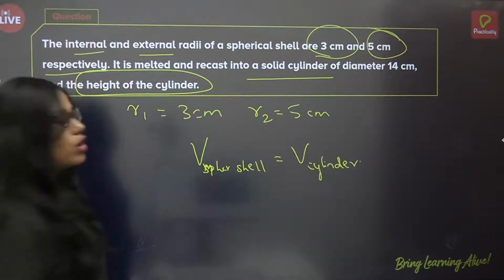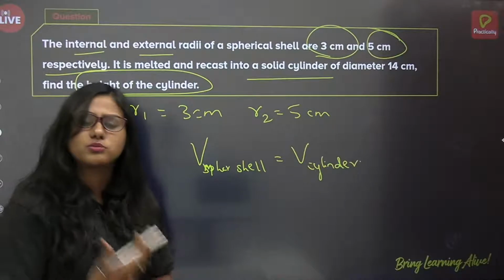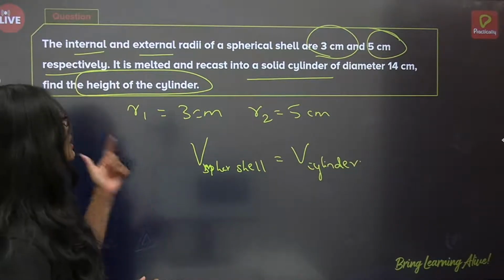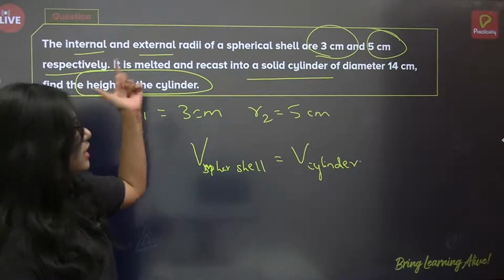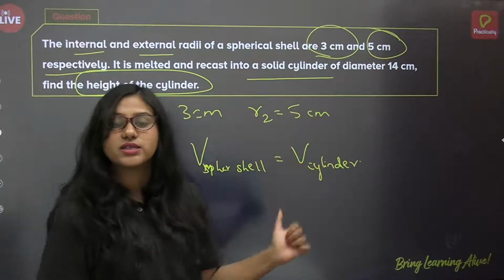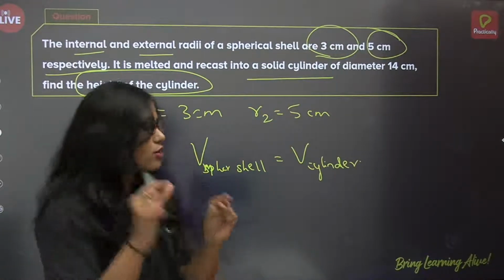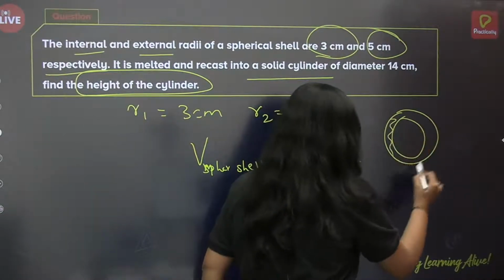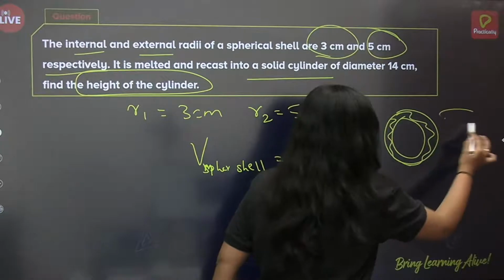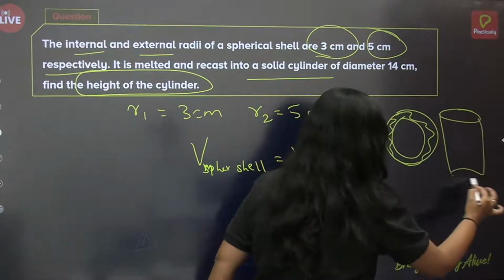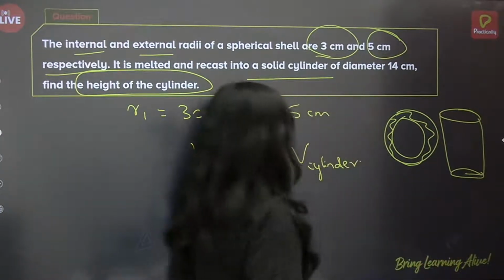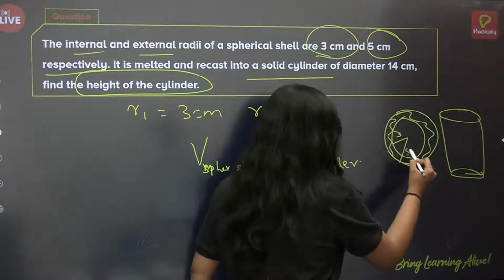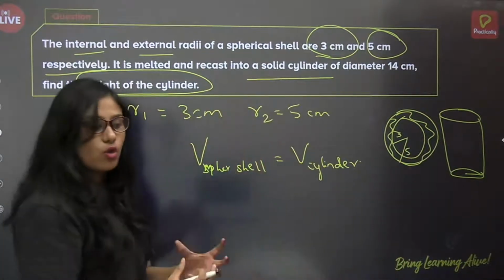So what is the volume of a sphere? 4 by 3 pi r cube. But the internal and external radii are given, 3 and 5 centimeters. So to find the volume of the shell, let us assume this is the shell, recast into a cylinder, right? So this is 3 centimeters, this is 5 centimeters.